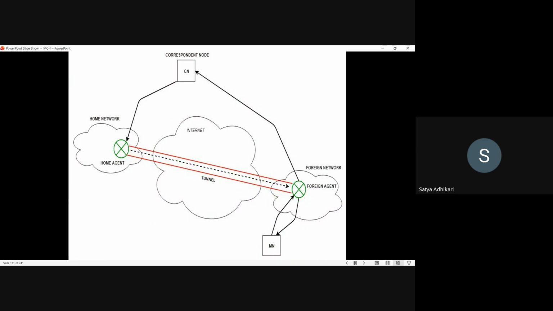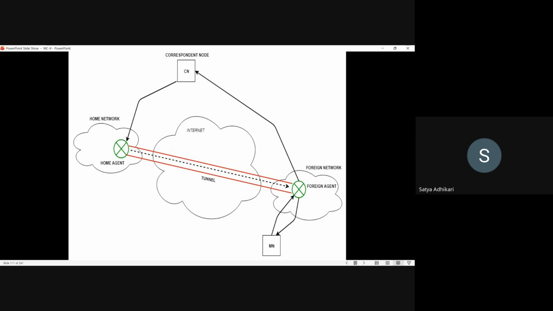You see, there is a home network on the left side, and there is a home agent also.